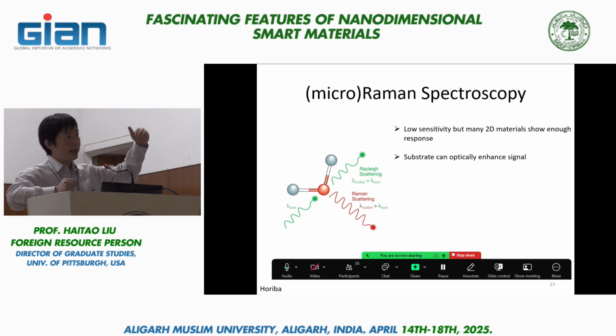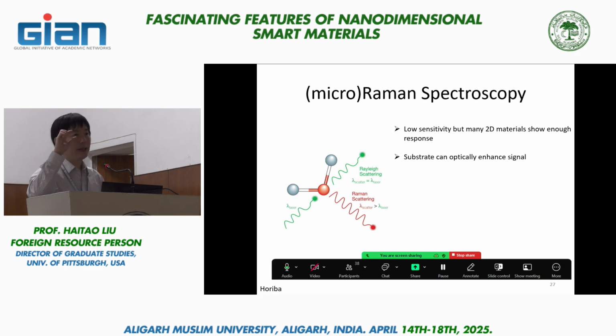So light can come into the silicon oxide layer, be reflected by the silicon layer, and undergo multiple reflection. And if the thickness of the oxide is the right one, it can either enhance the reflection or reduce the reflection.